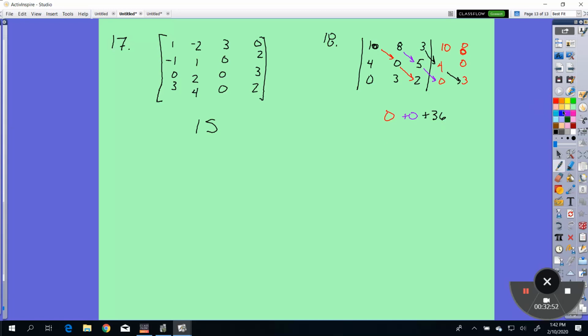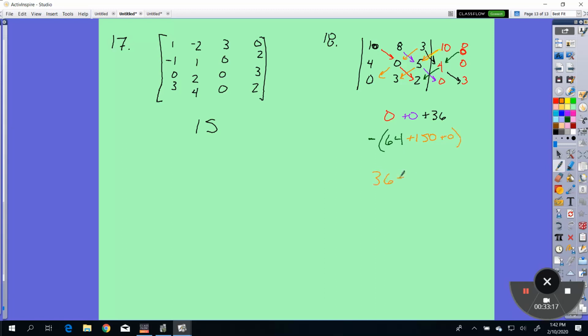Now I'm going to come back the other way and I'm going to minus. So minus parentheses, 8 times 4 is 32, 32 double is 64. Now 10 times 5 is 50, times 3 of those is 150. And then this one's all going to be 0.